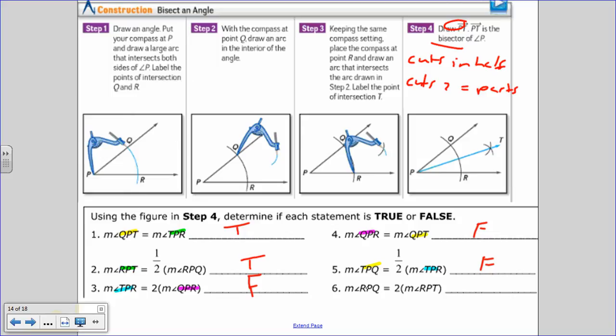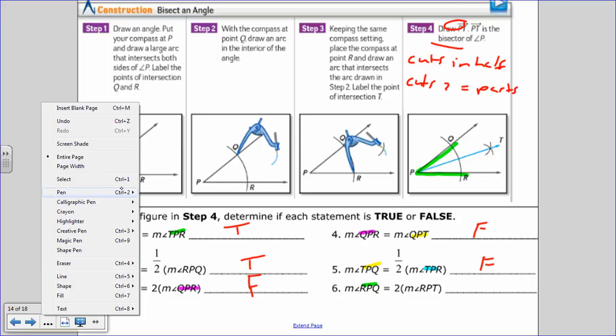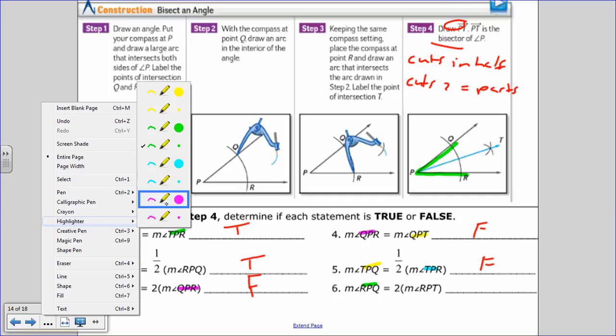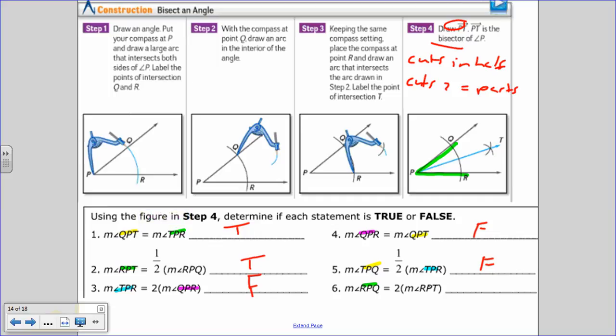And the last one, I'm looking at RPQ, which is mama. It's the large one. And it's equivalent to RPT. Let's look at RPT. All right.